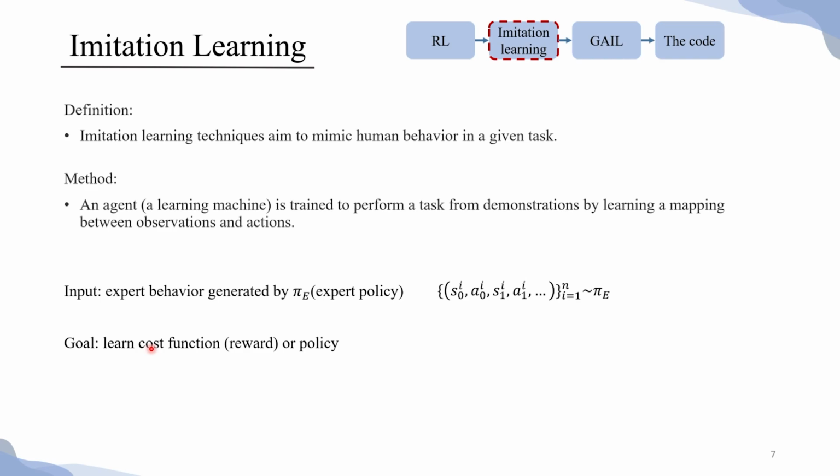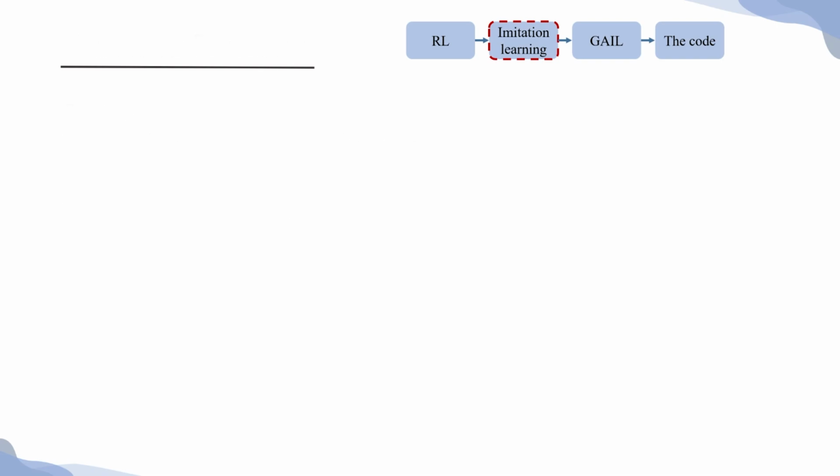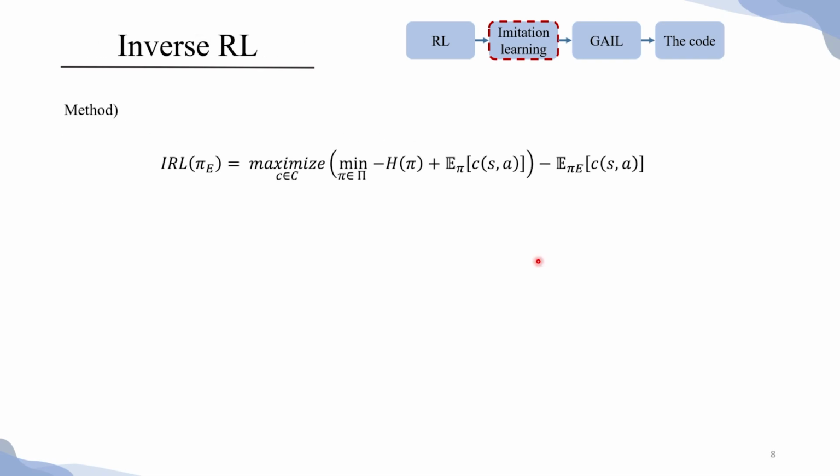This is why imitation learning has been proposed. Imitation learning includes methods like behavior cloning and inverse RL. We will look at inverse RL. Let's look at the formula together.